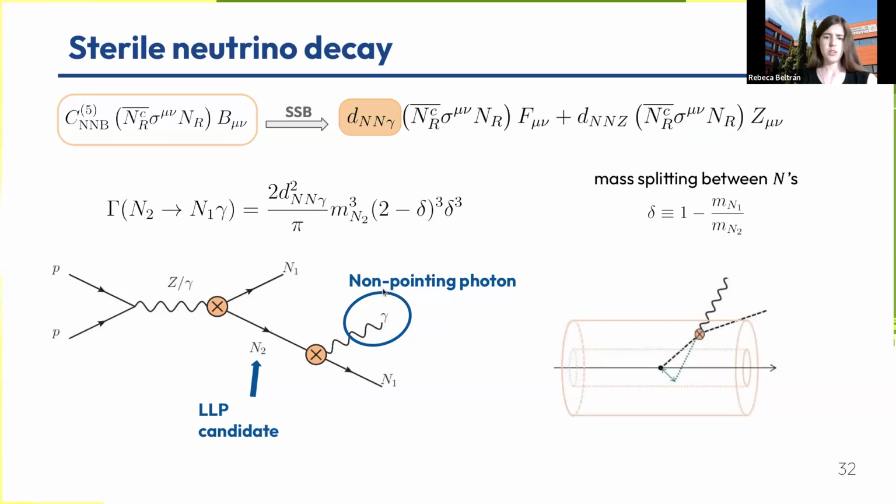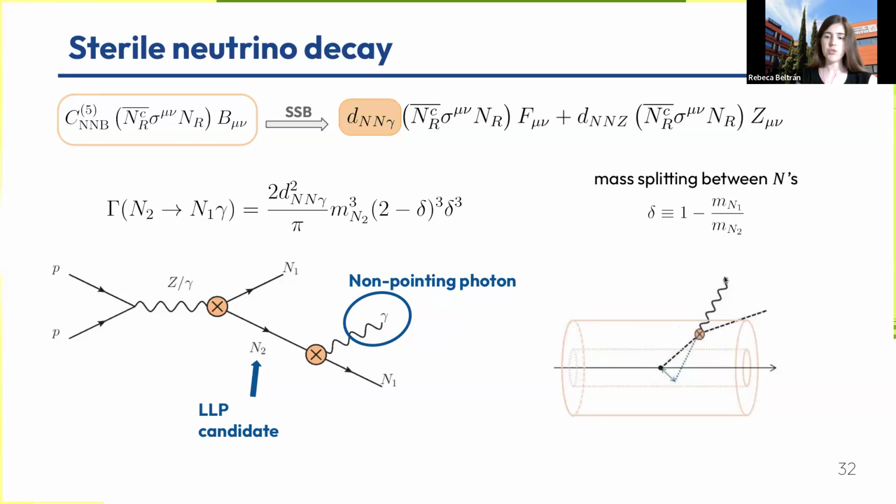What we mean by non-pointing is that, for example, when it is produced in the decay of an LLP, which occurs at a secondary vertex displaced from the main interaction point, then this causes the photon to point away from the primary vertex.